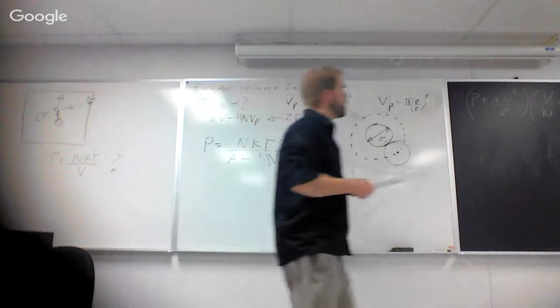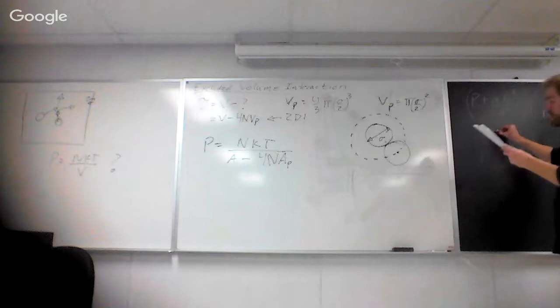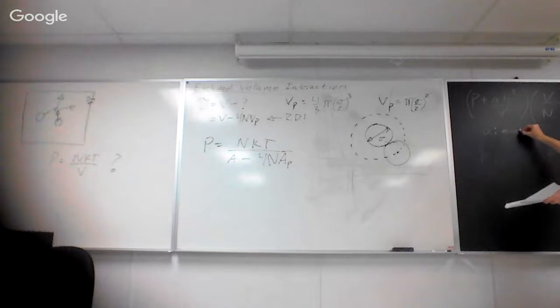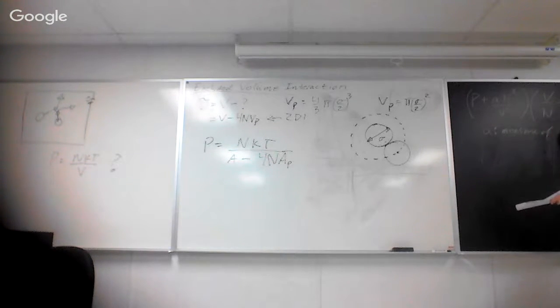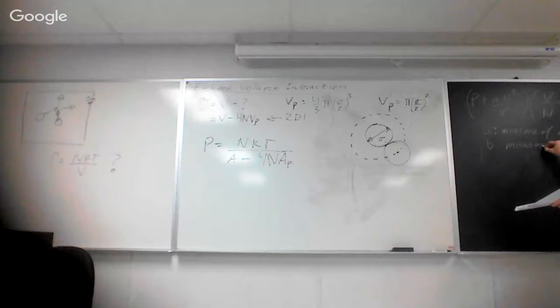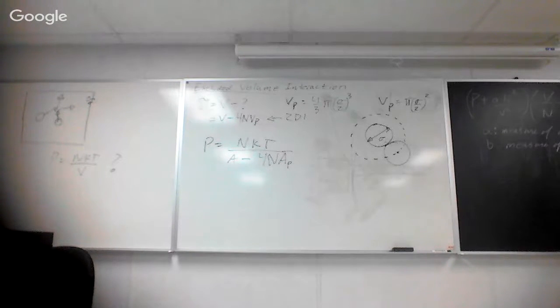In this definition, A is some measure of the attraction between the particles, and B is a measure of the excluded volume, which in this case is equal to 4 AP, the area of the particle.